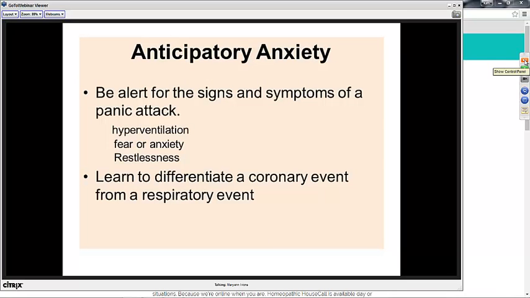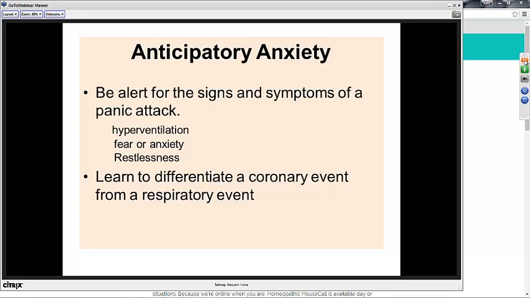Okay, anticipatory anxiety. So you want to be alert for symptoms of panic attack. And once again, a lot of times these are respiratory symptoms. Hyperventilation, fear or anxiety where the person just doesn't really understand where they are or what they're doing, and lots of restlessness.